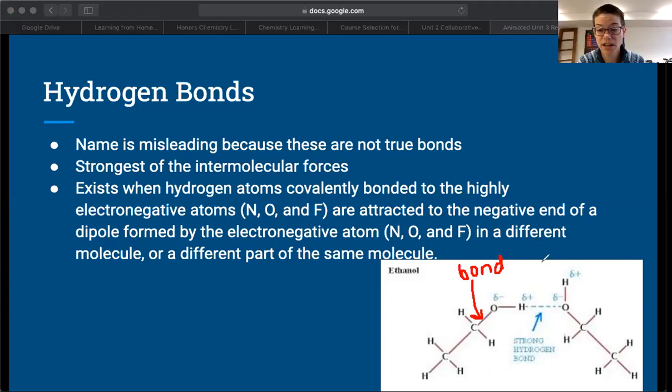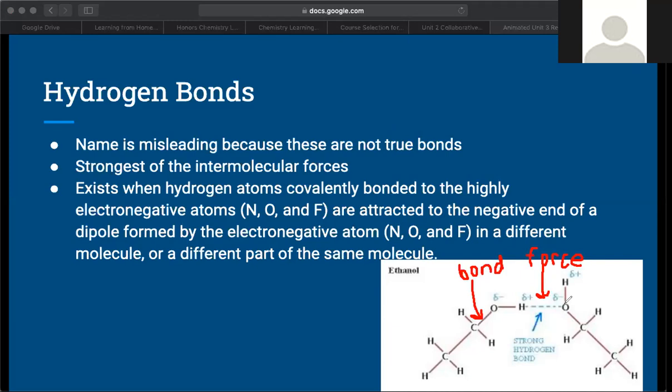Whereas this, the dotted line, is a force. And it's a force because it's between two different molecules, right? The hydrogen and the oxygen in this force are from two different molecules. They're not from the same thing.